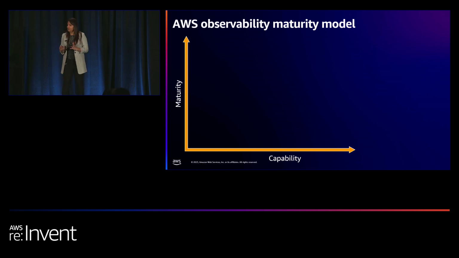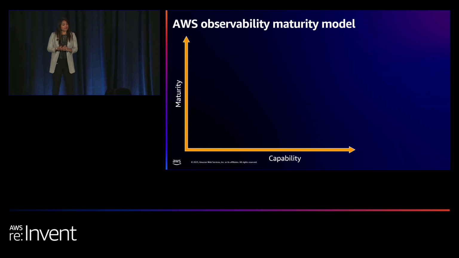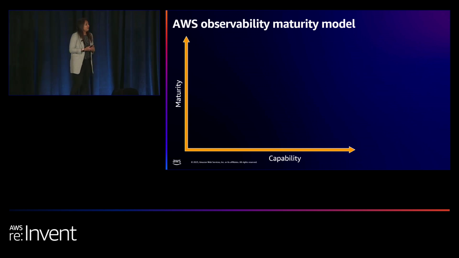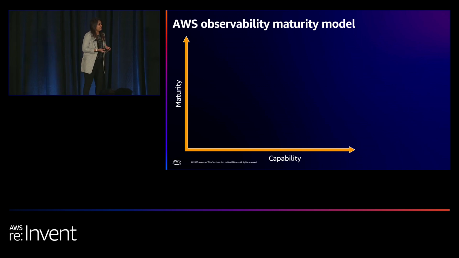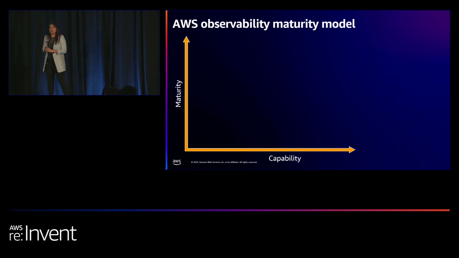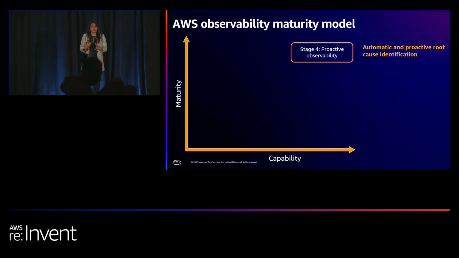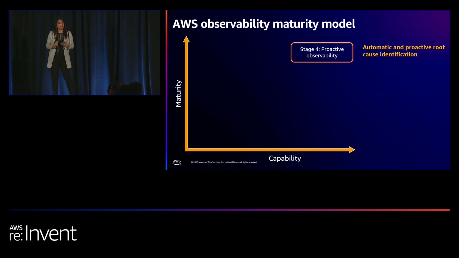They also try to figure out their strategy to centralize their observability needs and get more efficient with costs with observability. To this, we recently launched the AWS Observability Maturity Model, and this helps customers understand how to get more and more mature with observability.